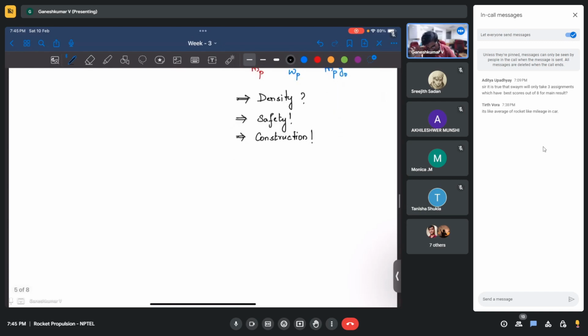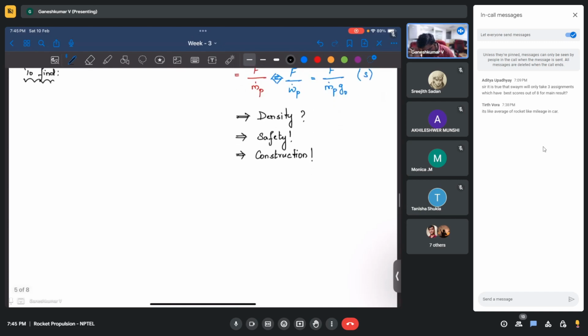So let's say, for example, let me just draw a liquid propellant engine. My drawing is very bad.